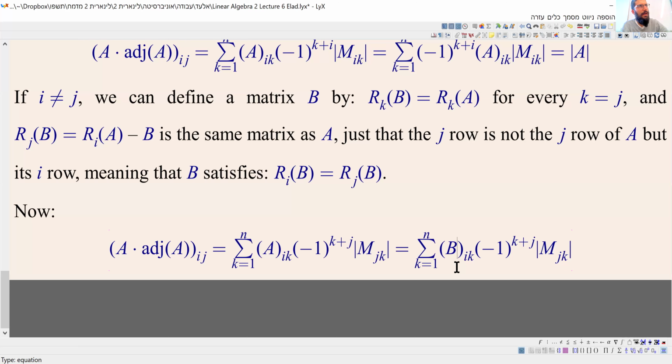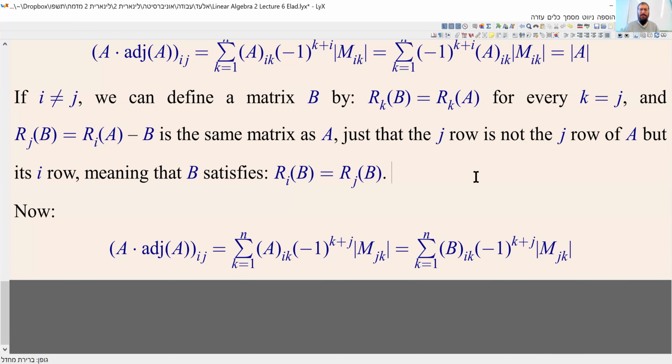When you delete it, and that's what you do when you calculate the jk minor, you get the same n minus 1 by n minus 1 matrix from A and B. So while we think of this minor as a minor of A, we can actually think of it as a minor of B as well, because they are the same when you delete the j row.